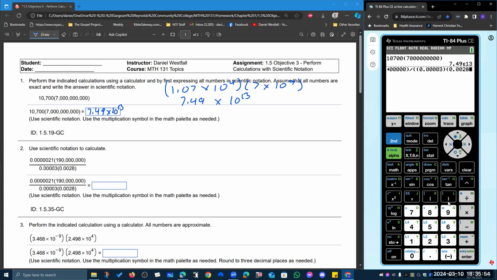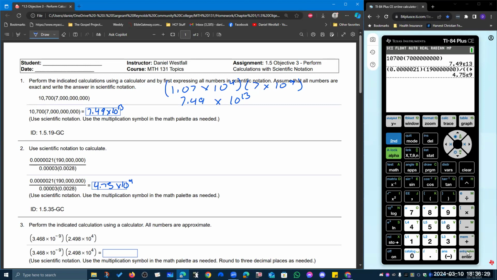Now I have a parenthesis around the denominator like that, because otherwise it would only be dividing by this first number and then multiplying by that second number. So I have to put the whole denominator in parentheses, right? And it tells me that this answer is 4.75 times 10 to the 9th. So that big E is times 10 to the power of.